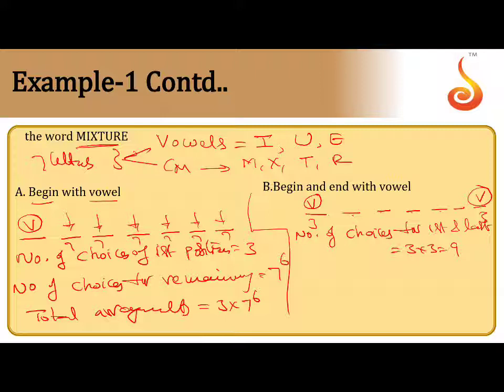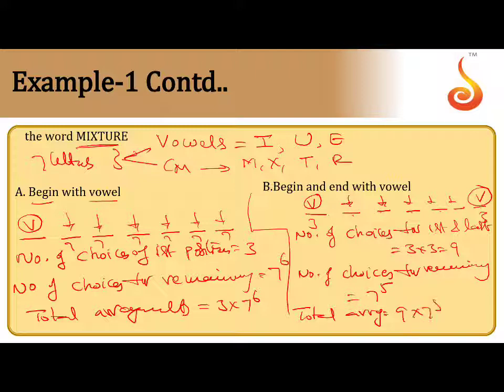That is 3 square. For the remaining positions, repetition is allowed, so 7 power 5. Now total arrangements equal 9 into 7 power 5. That is the second case.